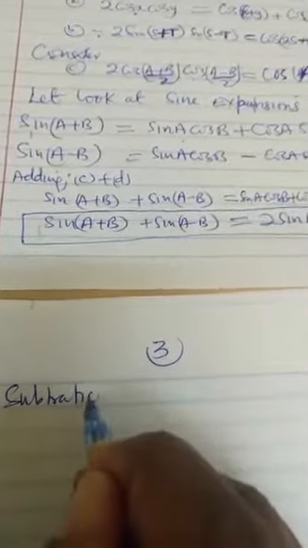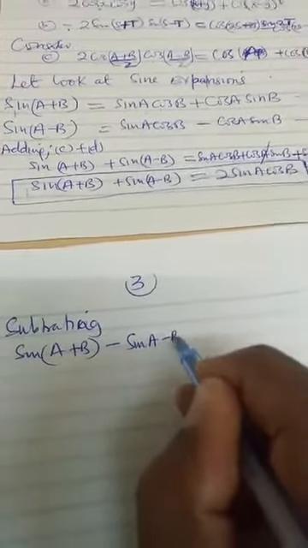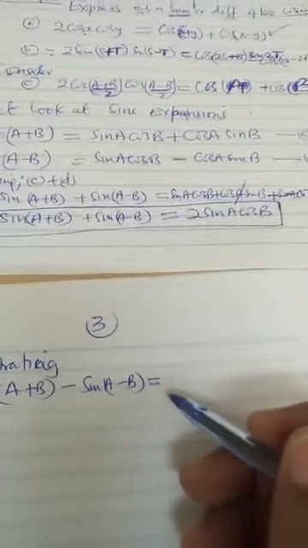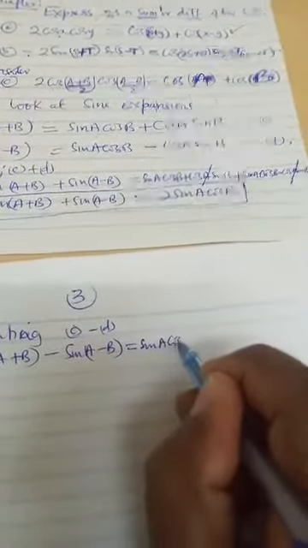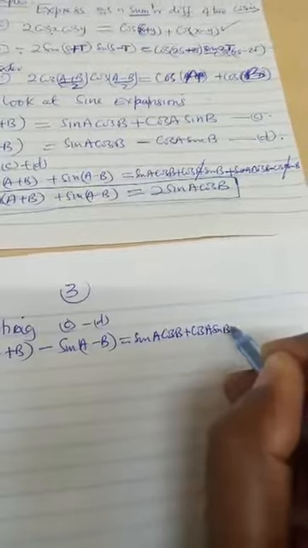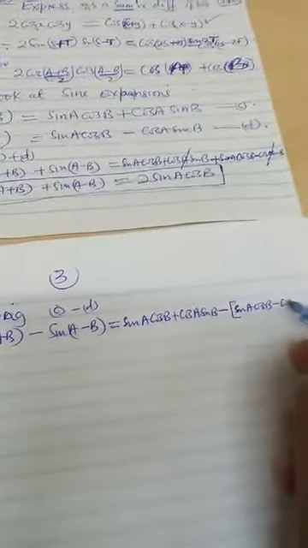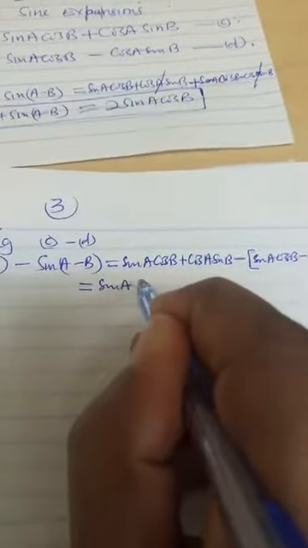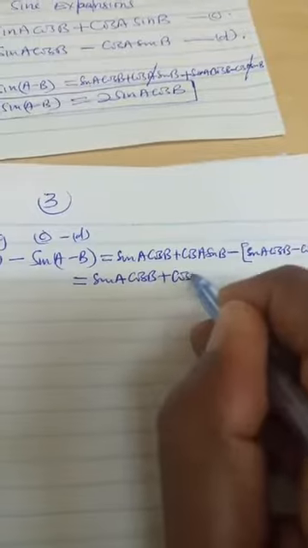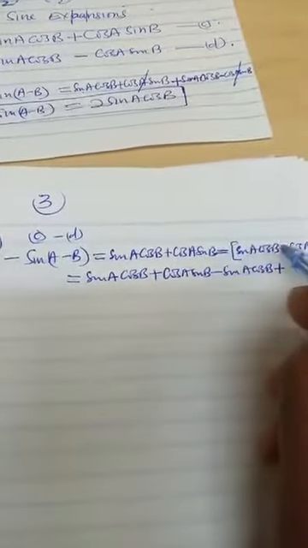Subtracting our sine of A plus B minus sine of A minus B will give us, we are subtracting D from C, will give us sine A cos B plus cos A sine B minus, I'll put a small bracket here, sine A cos B minus cos A sine B. After subtracting this, if we open that bracket, our right hand side will give us sine A, the cos of B, plus cos A, the sine of B, minus sine A, the cos of B, plus this minus becomes a positive.